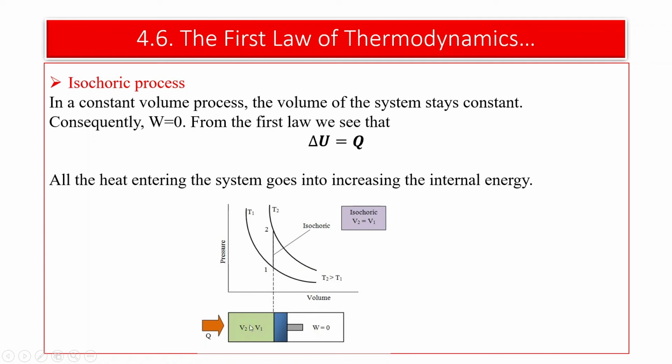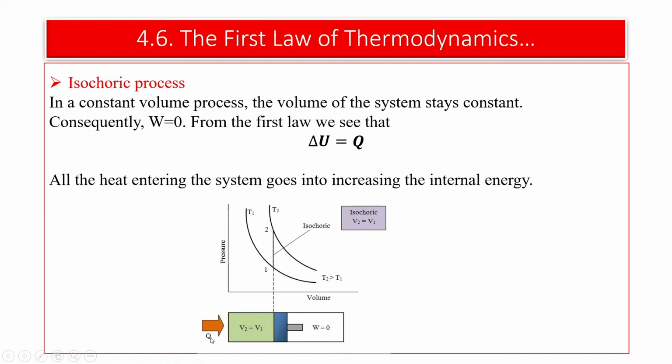In a piston form, the volume is kept constant, but the process goes from this pressure to this pressure. There is a change in pressure value from P2 to P1, but the volume is constant. Due to that, the work done is equal to 0.